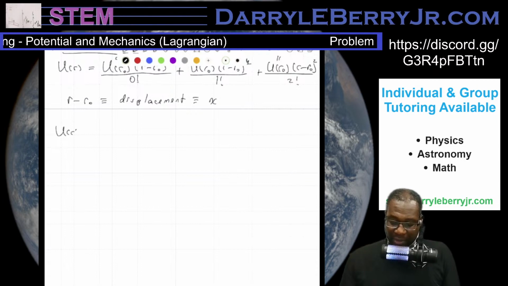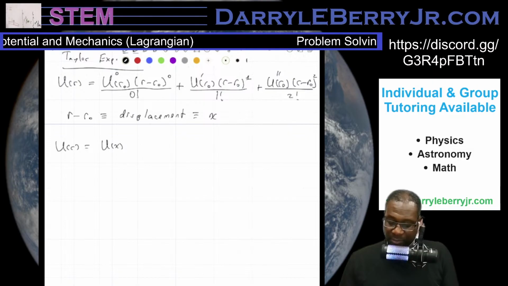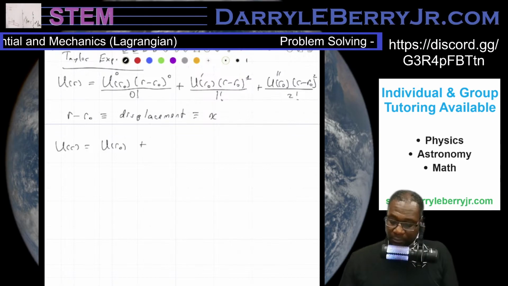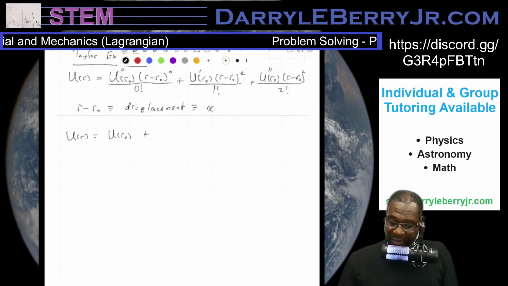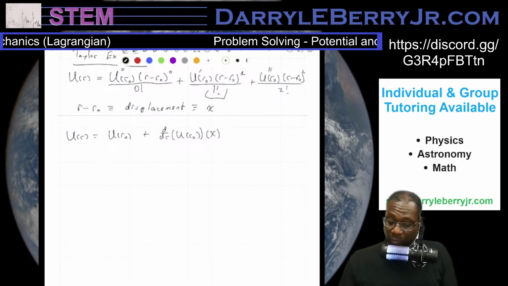So that means U(r) equals, the 0th power, anything to the 0th power is 1, so you have U of r naught. That's not the displacement, that's just r naught. Plus, I need to take the first derivative of U and then input r naught in it, and then it'll be x, and the first factorial is 1.